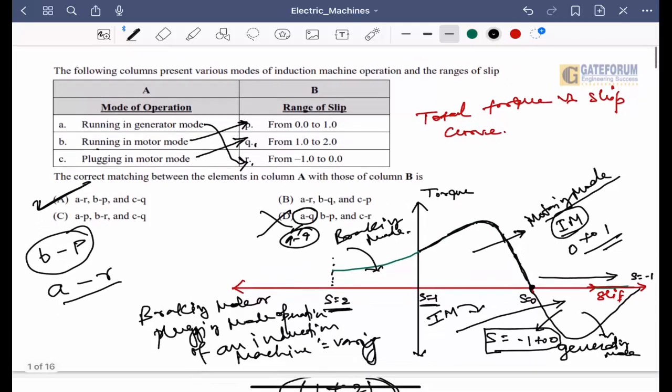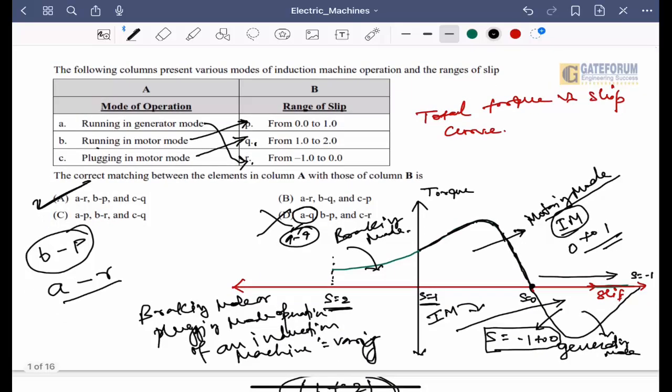So this question can be answered easily if we are aware of the total torque versus slip curve of an induction machine. If you are not aware of all three operations of an induction machine, try to eliminate the options.